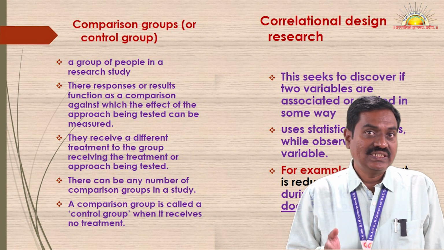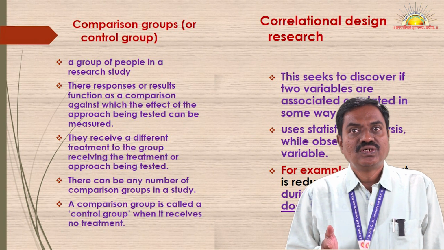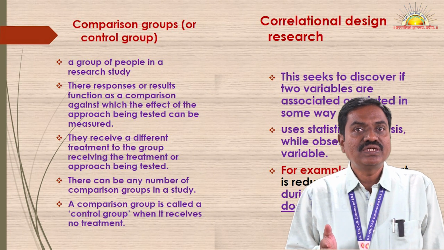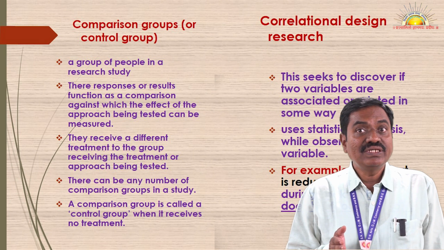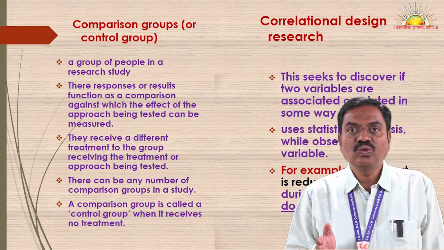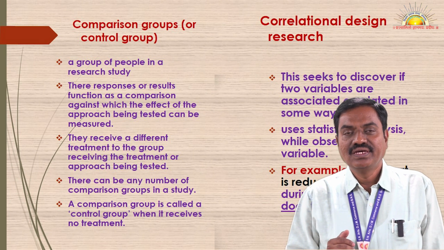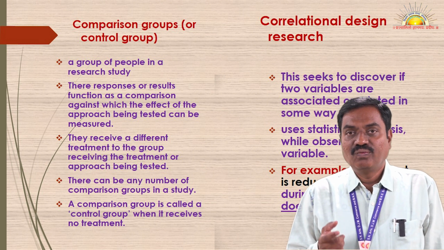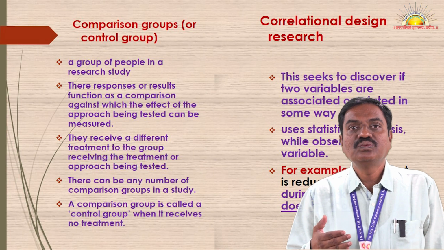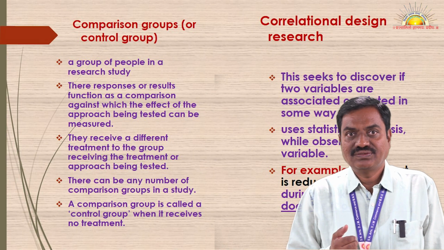Comparison groups receive a different treatment to the group receiving the treatment or approach being tested. There can be any number of comparison groups in a study. A comparison group is called a control group when it receives no treatment as such.